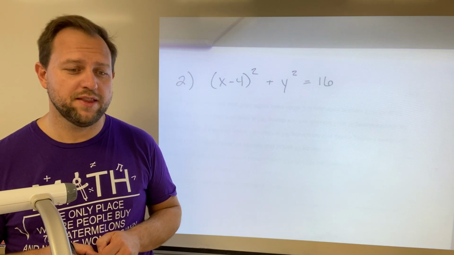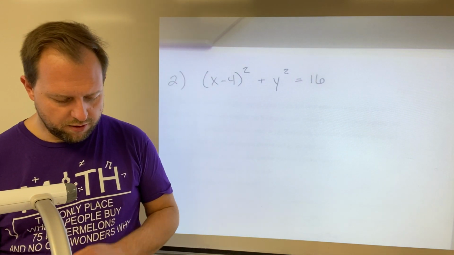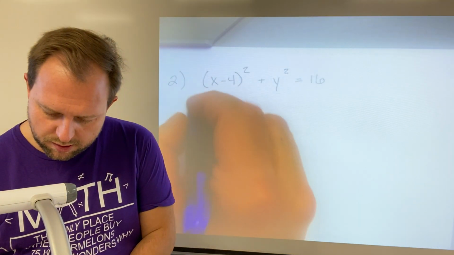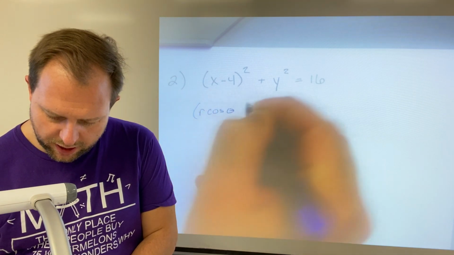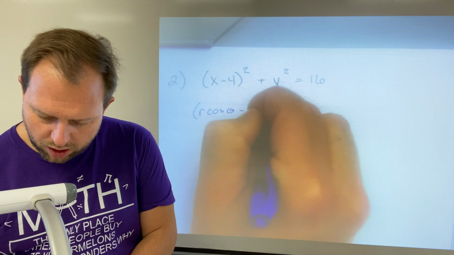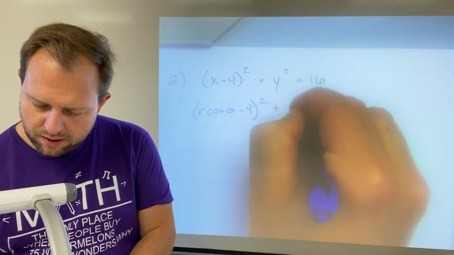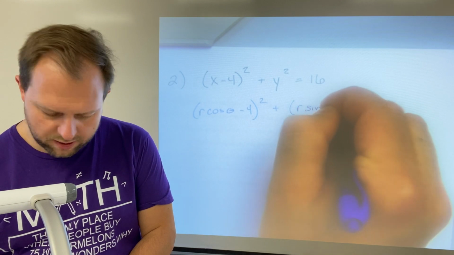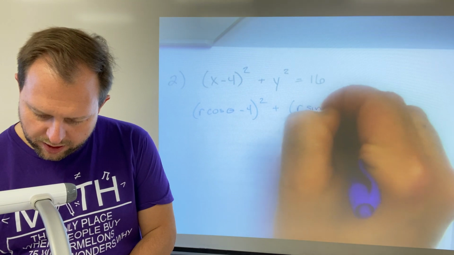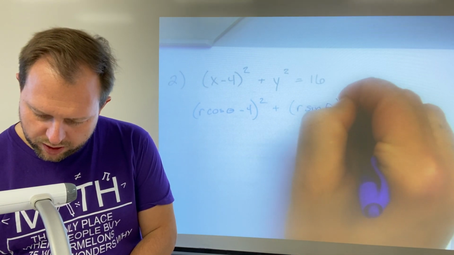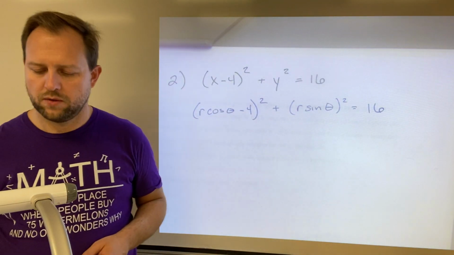Okay, this is all math that should be within your wheelhouse. So when we plug in for the x, (r cosine theta minus 4) quantity squared plus (r sine theta) quantity squared equals 16. Okay?